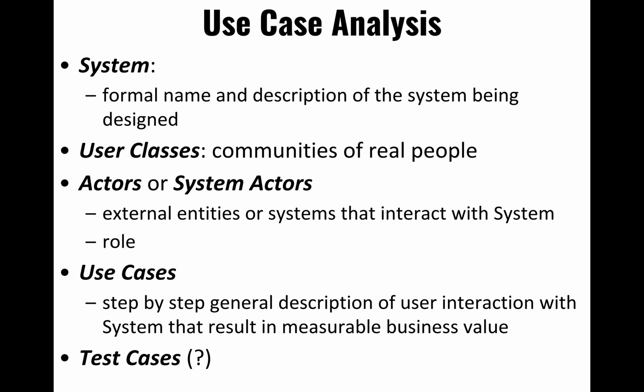We need to identify who our audience is, right? Who the players are in our system, who's going to be using this system day in and day out. If it's a restaurant business, you might have the owner of the restaurant, who probably owns a chain of restaurants.